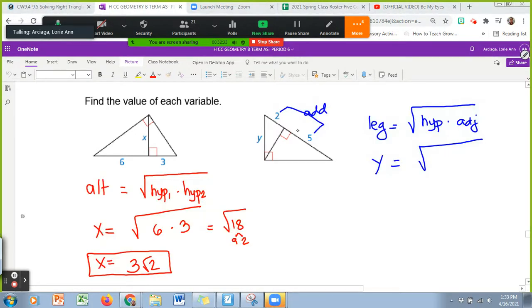So you have to add them together, yeah? So 7 times the adjacent segment to the leg. So the adjacent is this portion. It's the one right next to the leg we're looking for. So times 2, which will be 14 and cannot be simplified. So we're just going to put radical 14. And that's the calculator ready form.